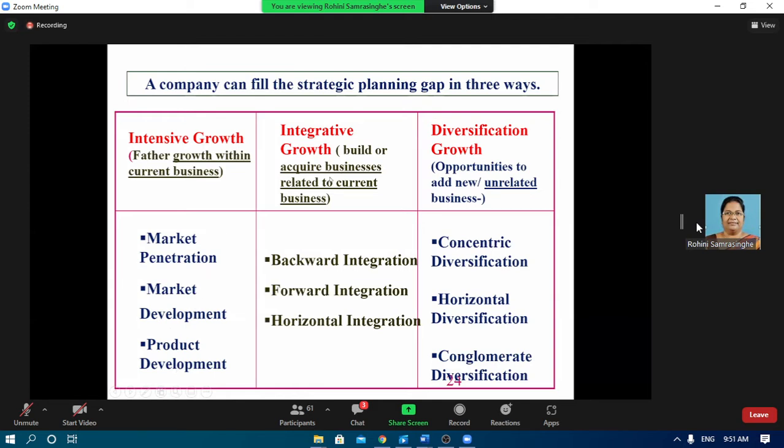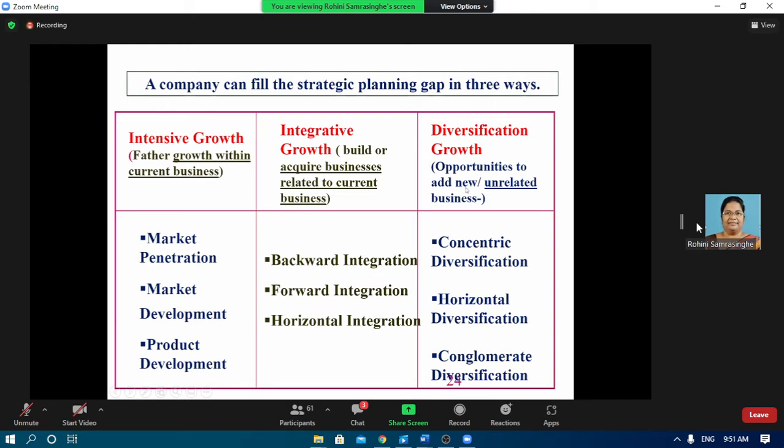Then integrative growth. If a company needs to move further, they can apply integrative growth. That is when they try to build or acquire businesses relating to the current businesses. So they try to acquire other businesses. Based on that, there are three special types you can see here: backward integration, forward integration, and horizontal integration, right?